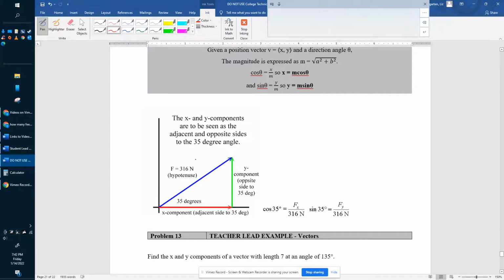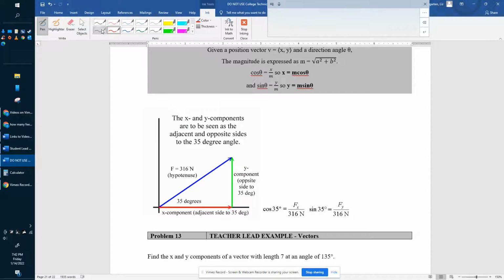So let's reason this out. The x and y components are to be seen as the adjacent and opposite sides to a 35-degree angle. So just as an example, we have a 35-degree angle, the opposite side, the hypotenuse, and the adjacent side. So we know the blue portion here is the vector itself. We are trying to figure out what x and y are here.